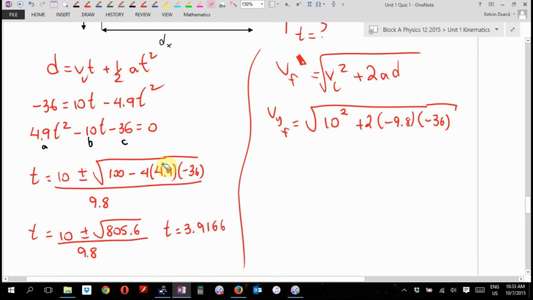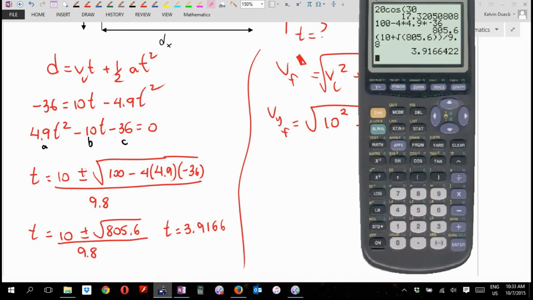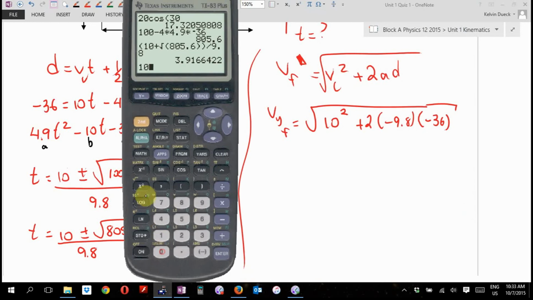Minus minus is a plus. Instead of 2 times 9.8, I have 4 times 4.9, which is the same as 2 times. We're actually doing the quadratic formula in chunks using this method. Hashtag nerd trivia. Vy final is 28.3831.